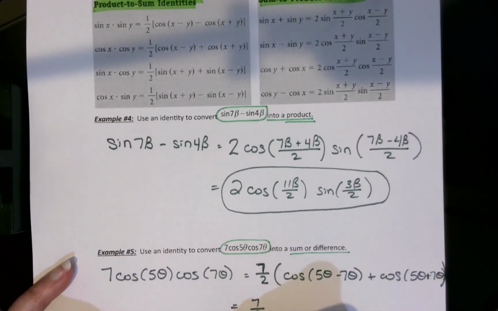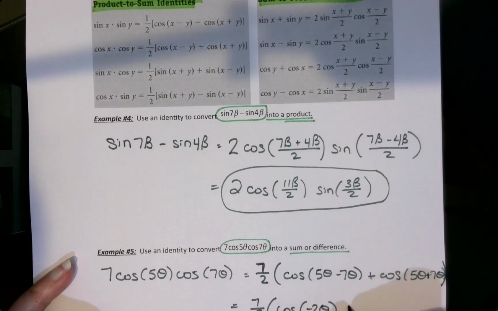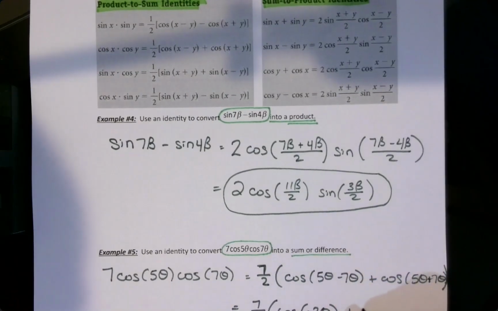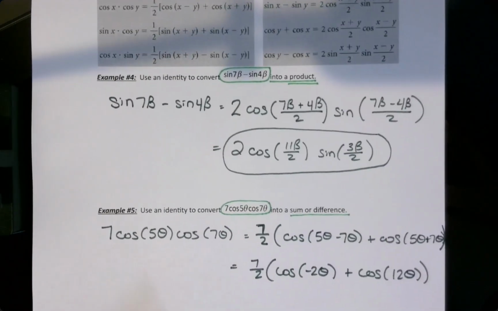And let's simplify that. 7/2 times the cosine of 5 minus 7 is negative 2 theta. And then the sum, 5 plus 7, is going to be 12 theta. We're almost done on this one.